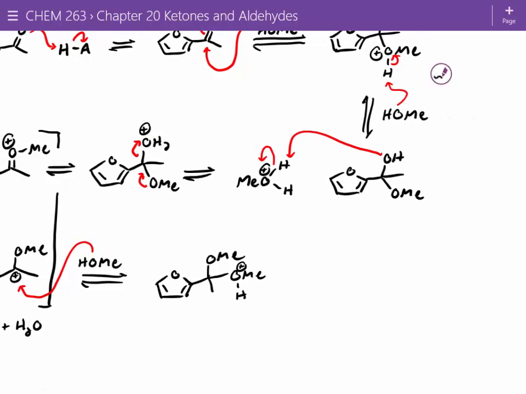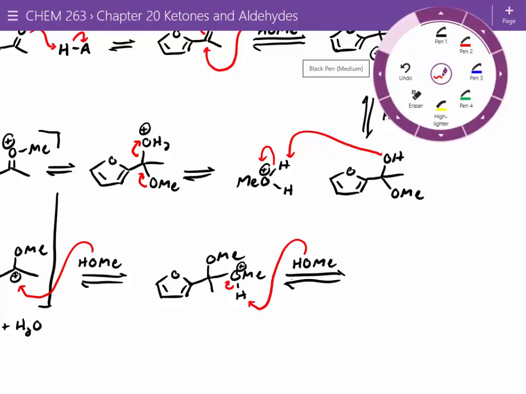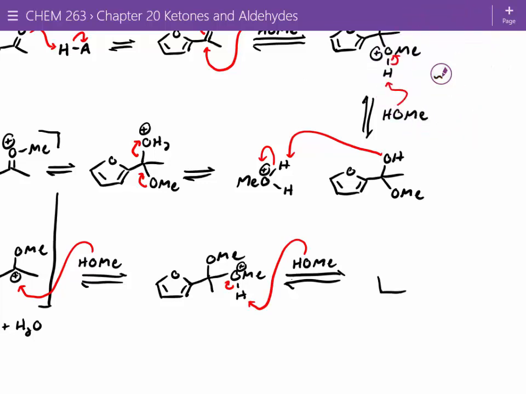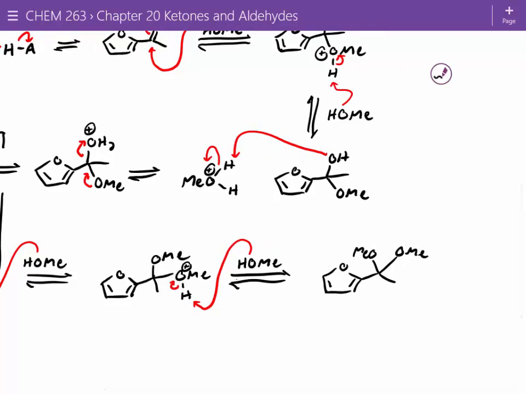And then what do you think our last step is? Deprotonation. This can come, grab a proton, kick electrons back down. And we end up with our final product, plus we regenerate our acid.